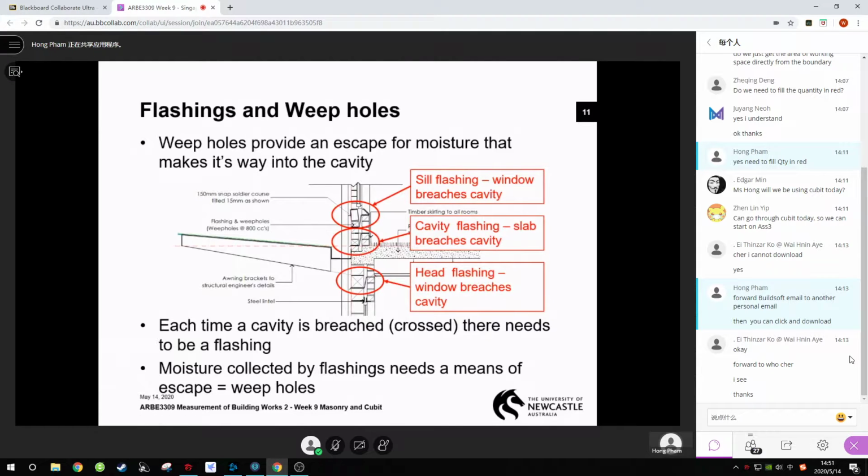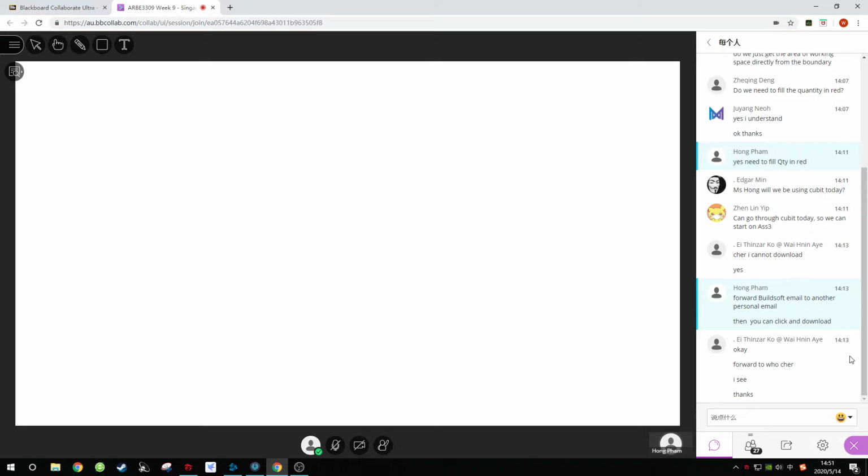Okay, so let me draw for you what is flashing and what is a weep hole. Okay, a quick one. This is the wall. Okay, I make it a little bigger here.